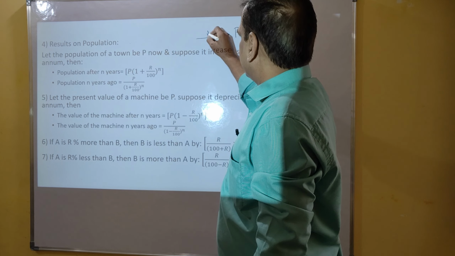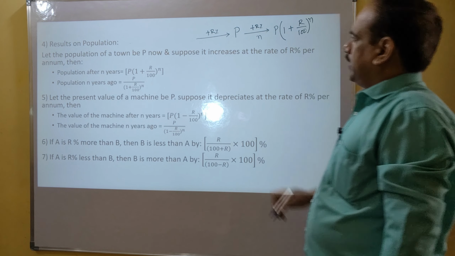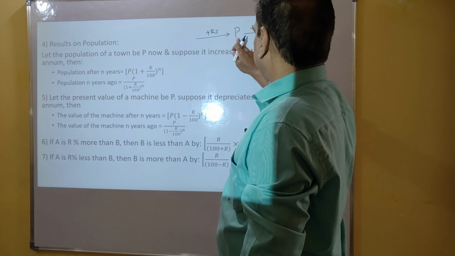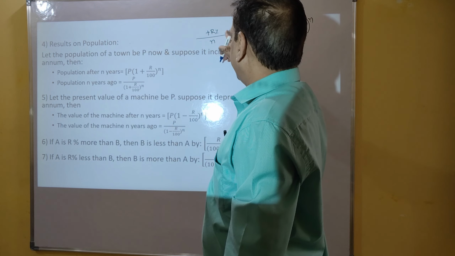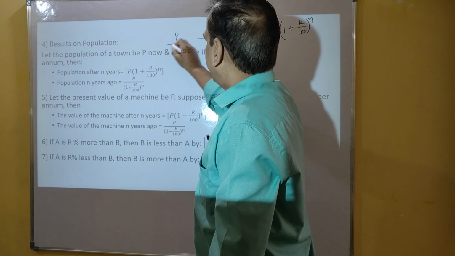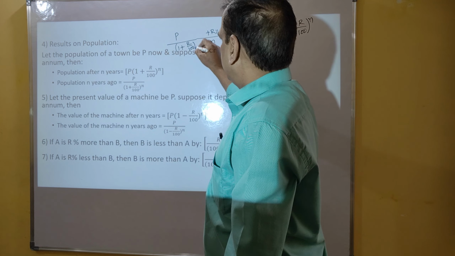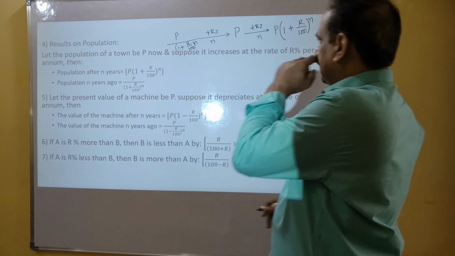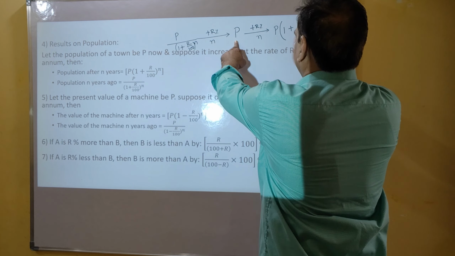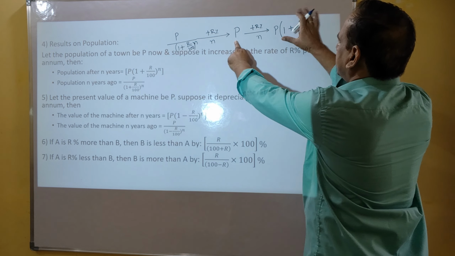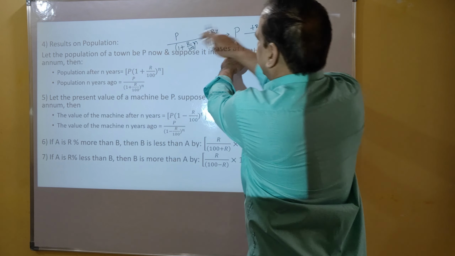Suppose it is increasing at a rate of R% and the present population is P. You want to find the population n years ago.